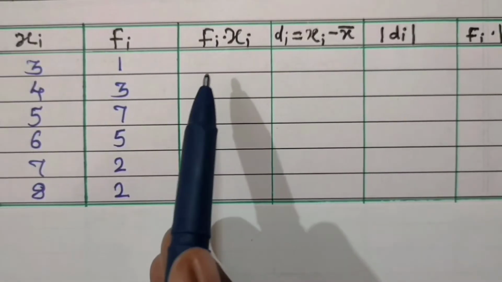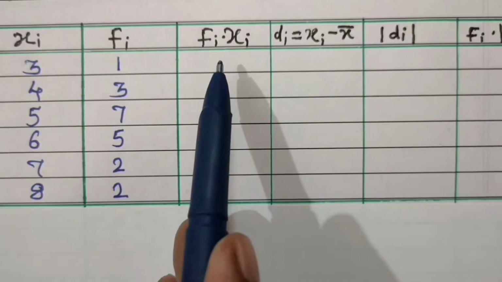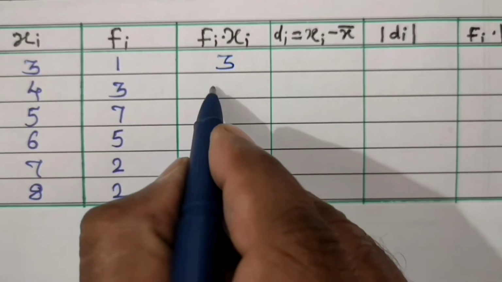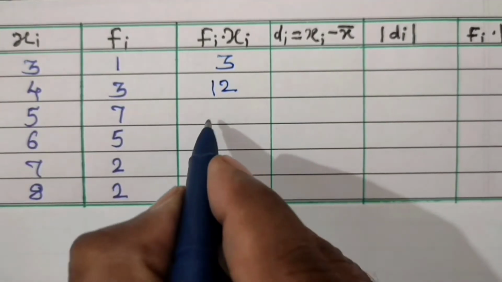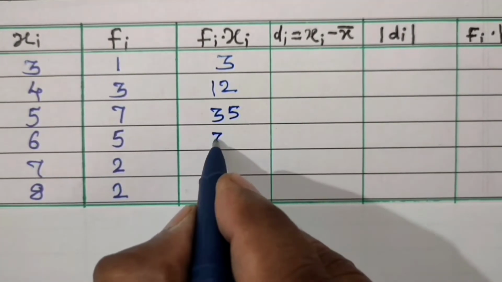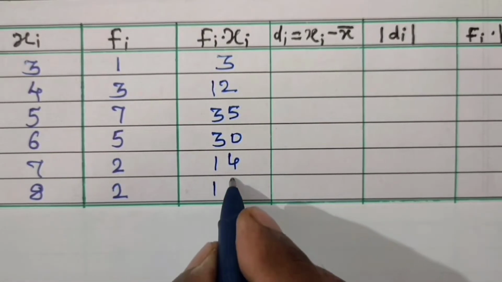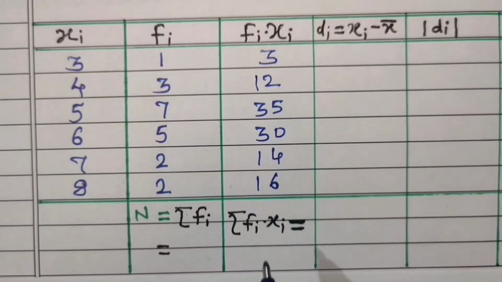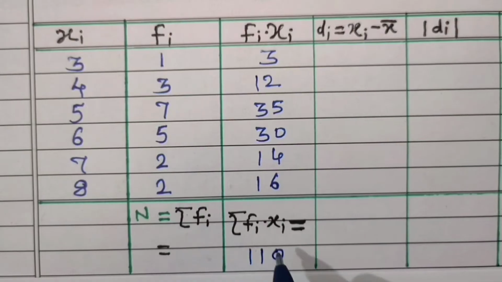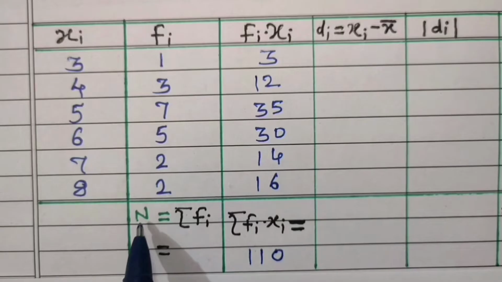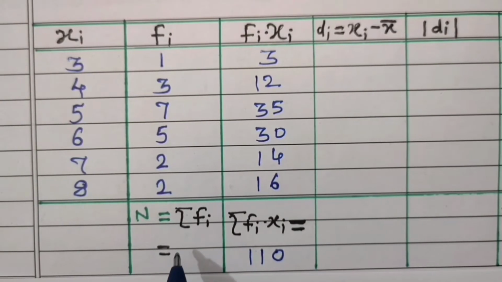Now first of all we have to calculate fi into xi to get the third column. So 3 into 1, 3, 4 into 3, 12, 5 into 7, 35, 6 into 5, 30, 7 into 2, 14, and 8 into 2, 16. So taking the addition of all these values, summation of fi into xi is equal to 110, and the sum of all values from the fi column, denoted by capital N, which is equal to summation of fi, gives 20.